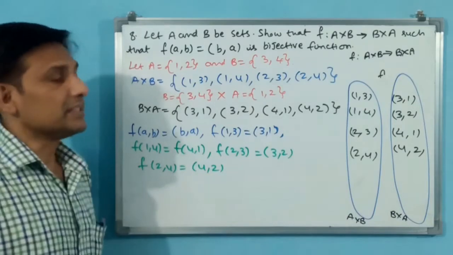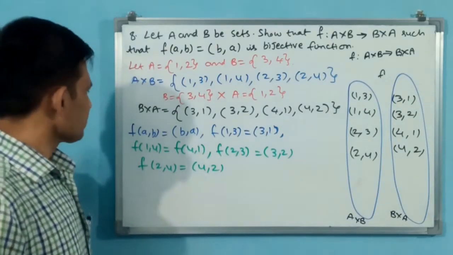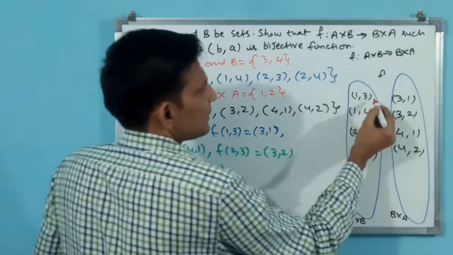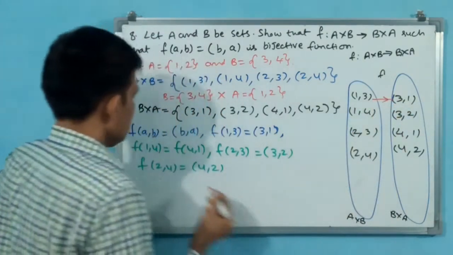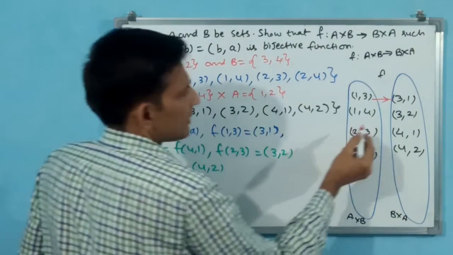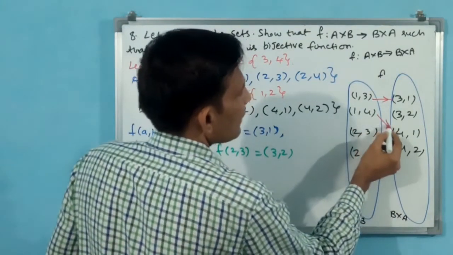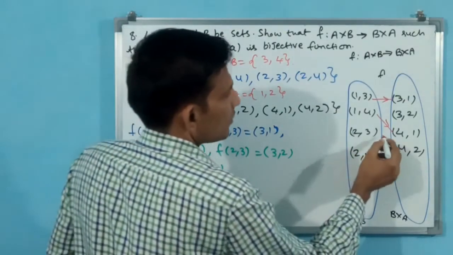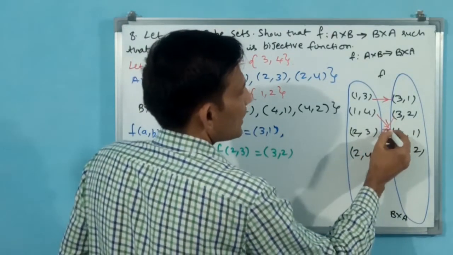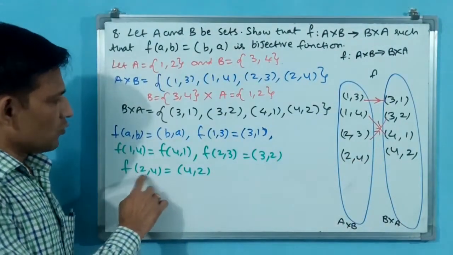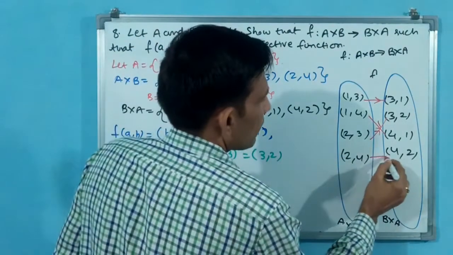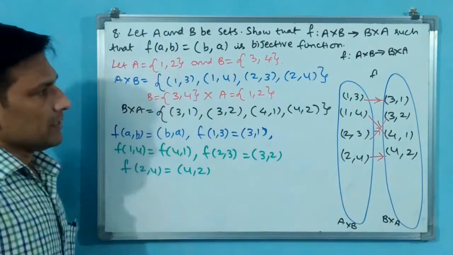Now go for this relation, the arrow diagram. See, (1, 3) to (3, 1), (1, 4) to (4, 1), (2, 3) to (3, 2), (2, 4) to (4, 2).